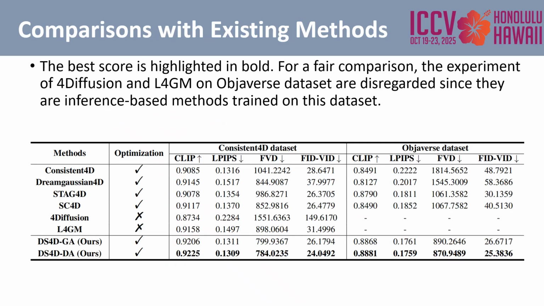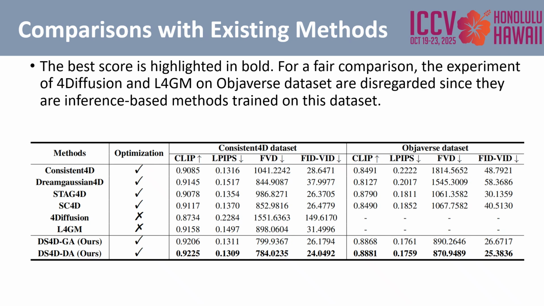In our paper, to evaluate the performance on single-view video to 4D, we evaluate each method on the dataset provided by Consistent4D. Besides, we introduce a subset of Objaverse. The objects in Objaverse have more complex motion than the Consistent4D dataset.